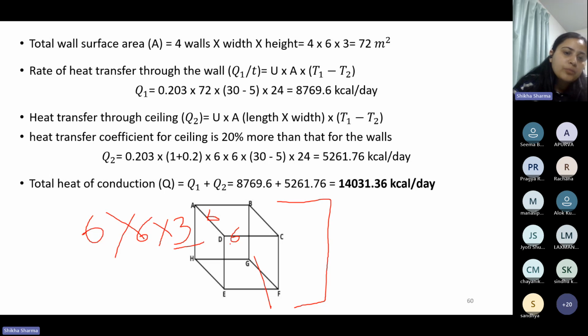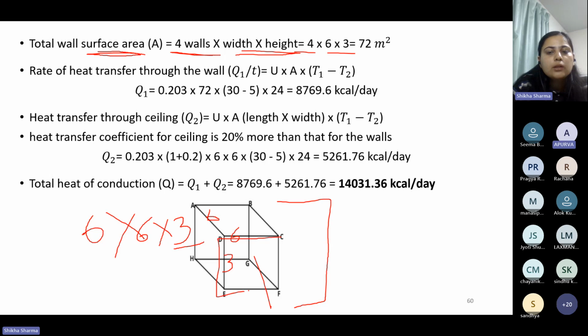Height of the room is 3, right? So total wall surface area is 4 walls into width into height, which is 4 into 6 into 3. For the wall we take this rectangle, so this is 6 and height is 3. So 4 into 6 into 3 is 72 meter square.